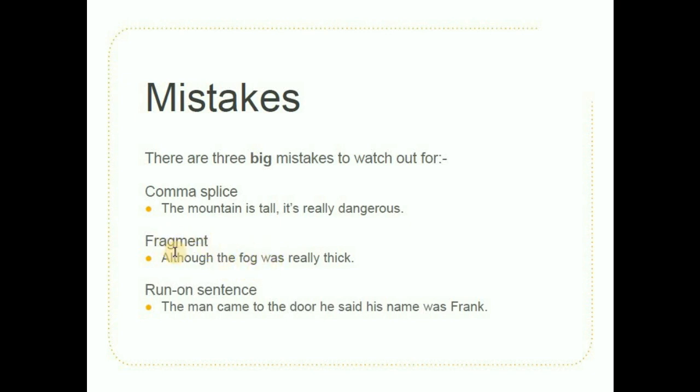We call it a fragment, meaning a part of something. It should be a part of a longer sentence, as a dependent clause always needs joined to an independent clause. This sentence cannot function alone, and so this would be a big mistake. We would need to expand it with an independent clause. Although the fog was really thick, she still went out driving.